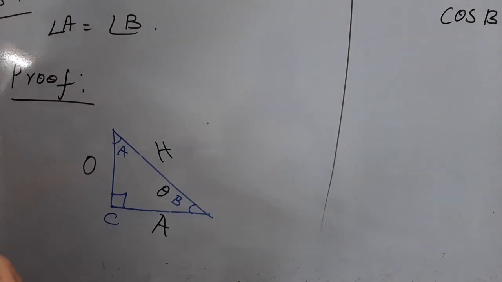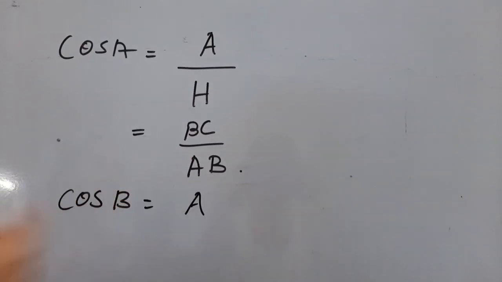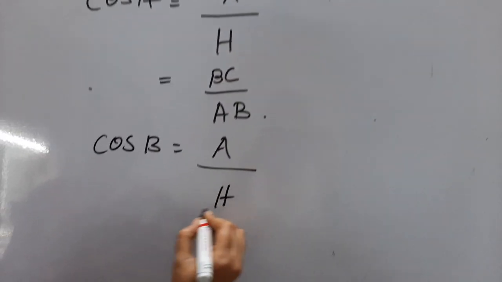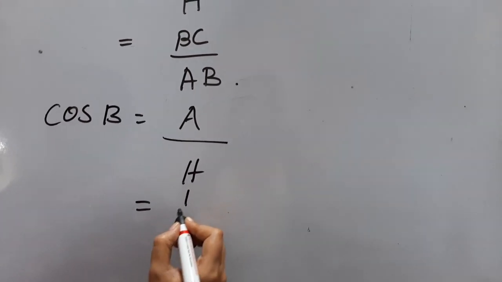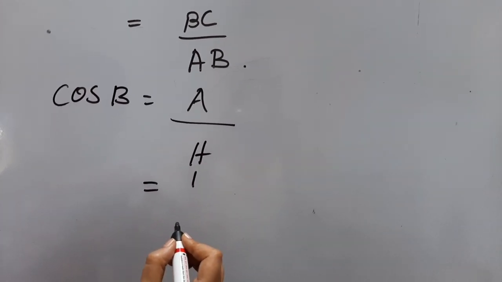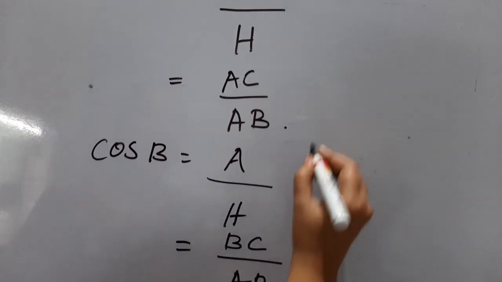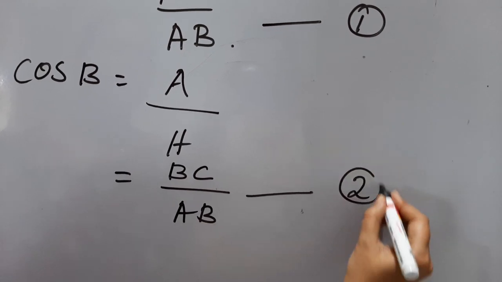Now let us write what is the ratio for cos B. Again, cos is adjacent upon hypotenuse. For cos B, the adjacent is BC and hypotenuse is AB. Now we got the value of cos A and the value of cos B.